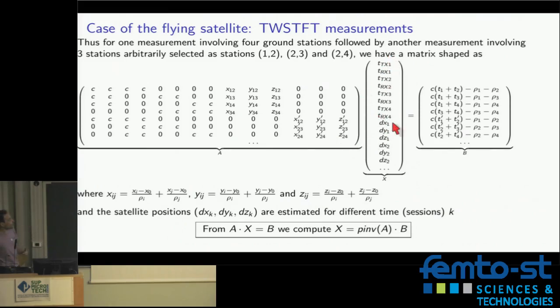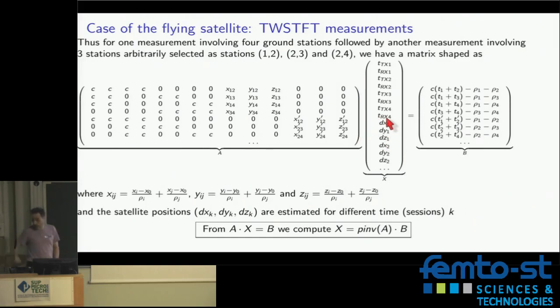And then you will have something which is the position of a satellite for observation number 1, position of a satellite for observation number 2, and this will be just along the diagonal. So these columns here, which are 2 times the number of observatories, uplink and downlink delay, these will always be filled in all observations. And then you've got just these 3 diagonals here, which are the 3 unknowns that you're estimating each time you want to estimate the position of a satellite in space.